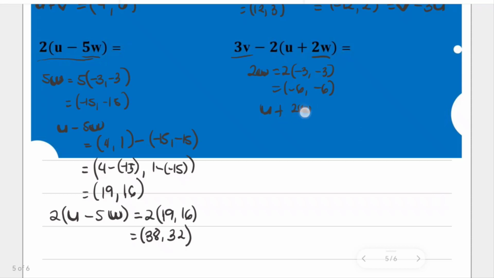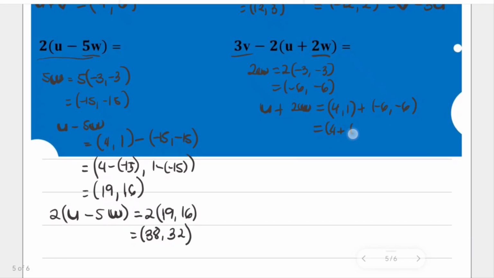Our u is 4, 1, plus negative 6, negative 6 as a result of 2w. You have 4 plus negative 6, then 1 plus negative 6. So you will have a result of negative 2, comma, negative 5.